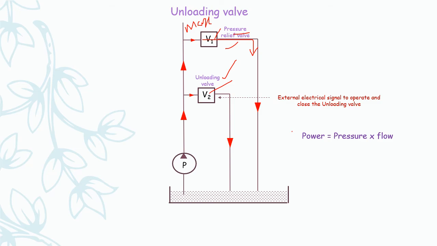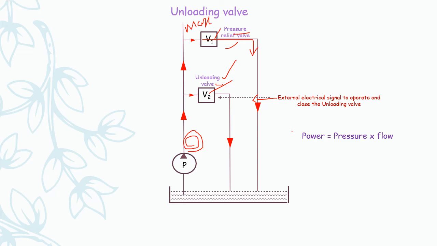Now valve V2 is the unloading valve that is opened by a remote signal, that is through an electrical signal as shown here, whenever the system is not being utilized, that is during no load condition. But the pump is kept on. Remember this, the pump will be on during no load conditions, but the system pressure which is supplied through the pump will not be utilized.